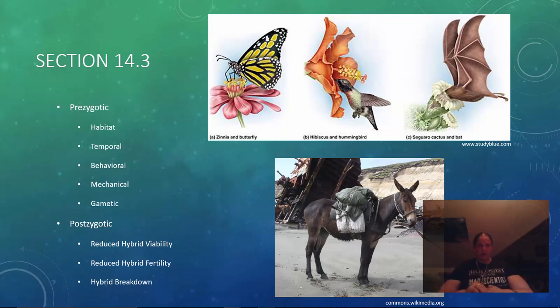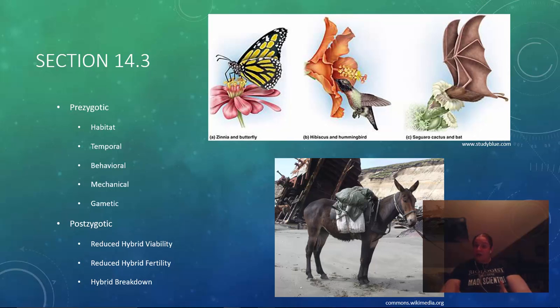Pre-zygotic barriers include things like living in different types of habitat, or reproducing at different times of year, or courting with very different behaviors. Very different behaviors are attractive to different species. They may not be shaped enough the same for mating to be possible, as in the case of these three different types of flowers.